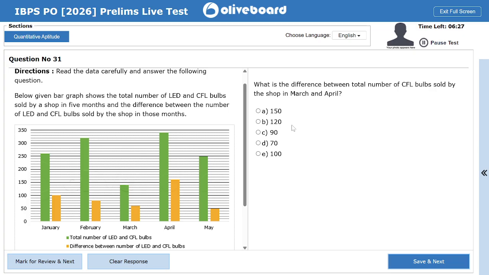So 140 or 340. If March 140, 60, 200, so 140. April 340 and difference 160, 500, 250 and 90. What is the difference between total number of CFL bulbs sold by the shop?